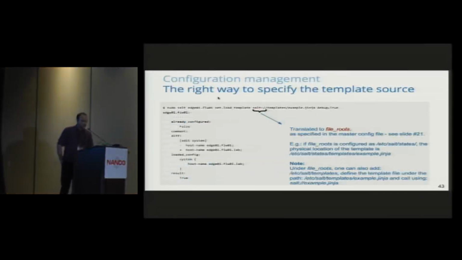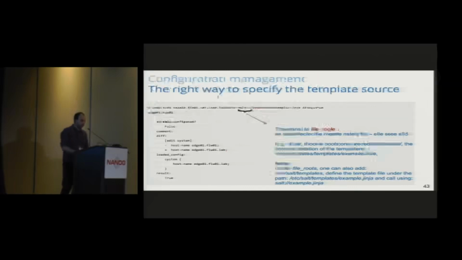Now, the right way to specify your template source is using salt://. This is automatically translated to file roots. If you remember, in the master file we specified file roots, which is the place where you can put templates.